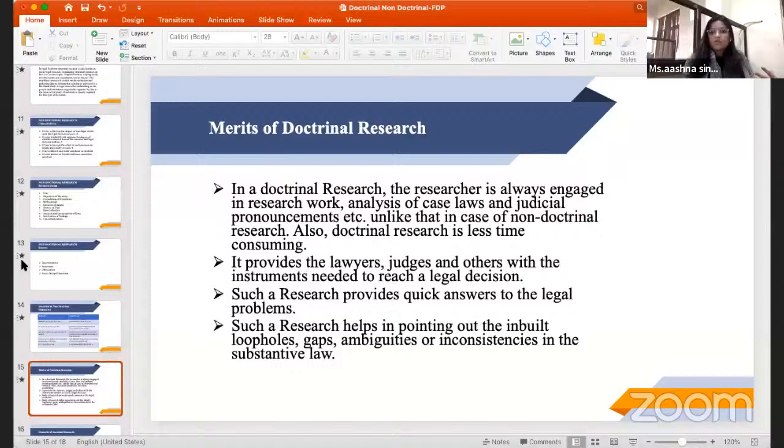But whereas when your approach is a non-doctrinal one, you try and figure out, let's say you circulated a survey, a questionnaire, a Google form. So as per the response, you try and figure out what the mean would be. For example, question 1, how many responses did I get for question 1?